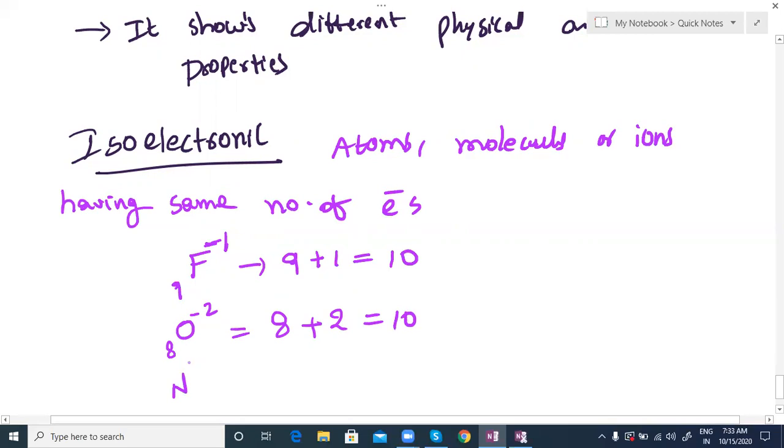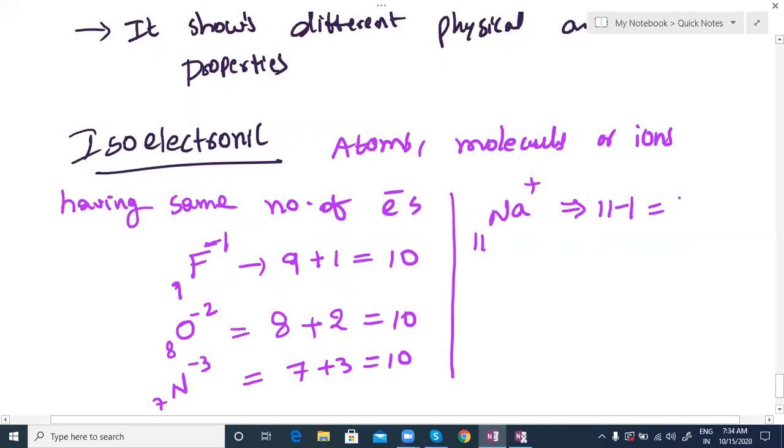N minus 3. Nitrogen is atomic number 7, 7 plus 3, 10 electrons. Similarly, Na plus, atomic number 11. The atomic number is fixed, and plus means they lost 1 electron, so 11 minus 1, 10 electrons.